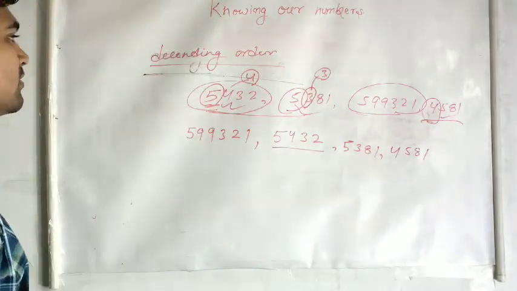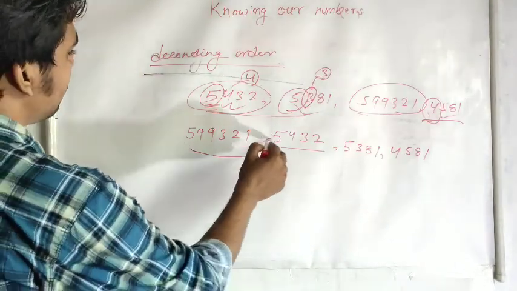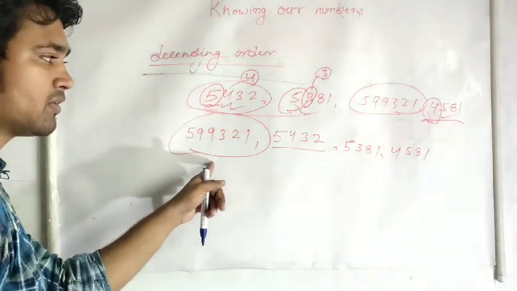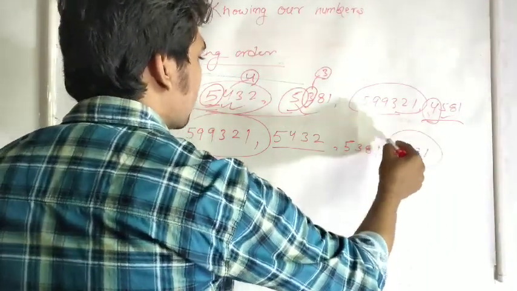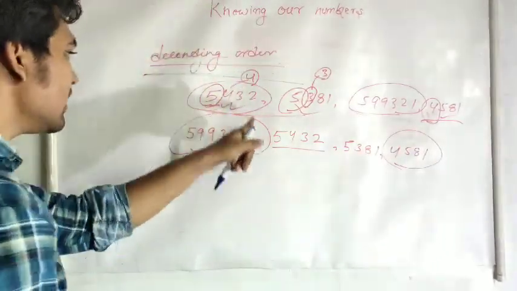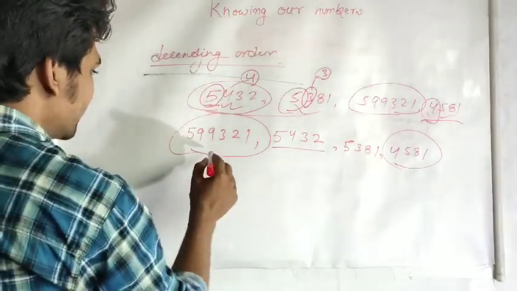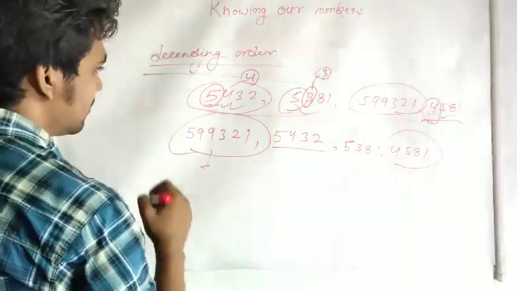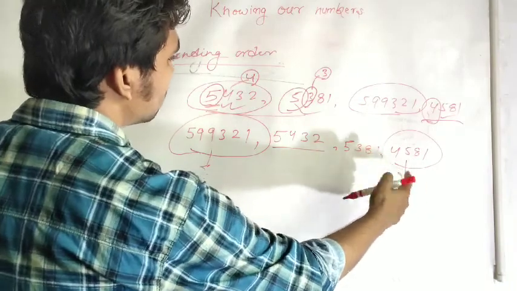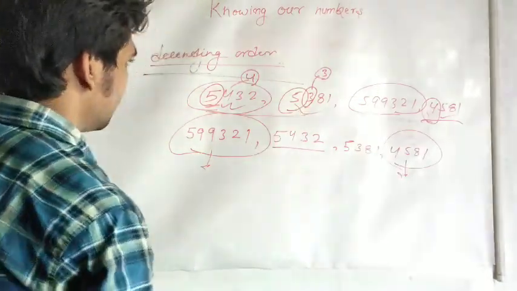So friends, in descending order, we put the greatest number at the left side and the smallest number at the right side, and we find that in the given series, the greatest number is 599321 and the smallest number is 4581.